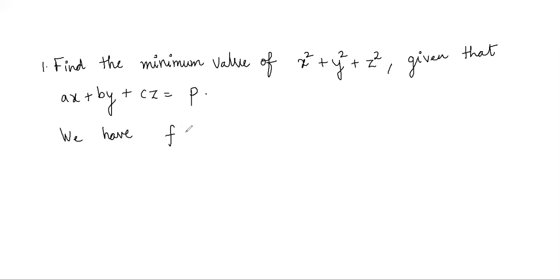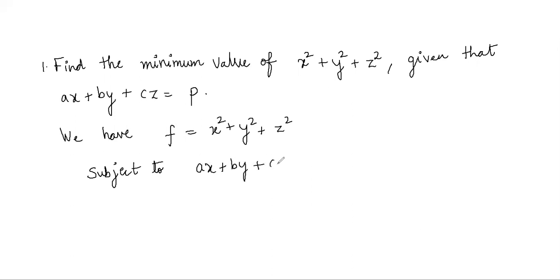Let us take this as f, this one, which we have to minimize, and it is subject to ax plus by plus cz. Let us take this p on the left hand side, p equal to 0.